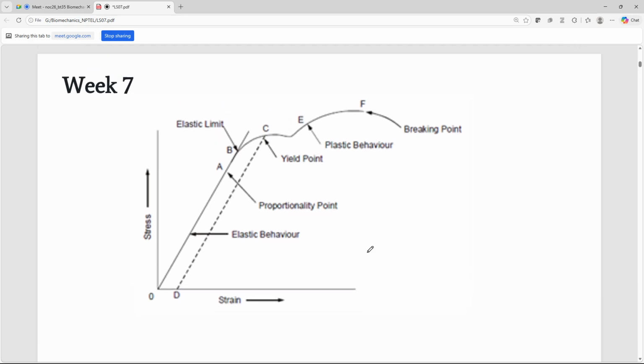And also in this week, the course is discussing the mechanical stress-strain behavior, how the basic mechanical properties like stress and strain are calculated in bones and how it behaves under loads.